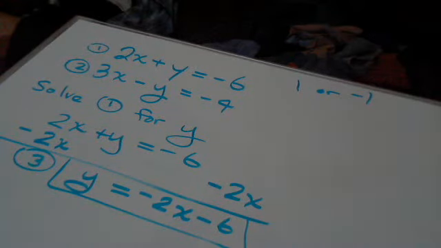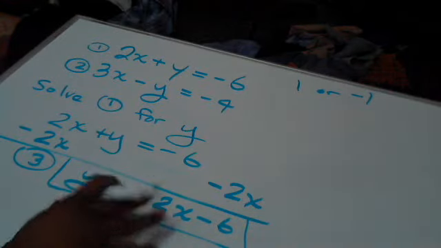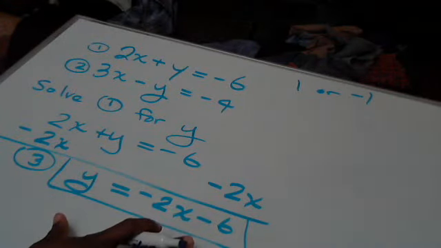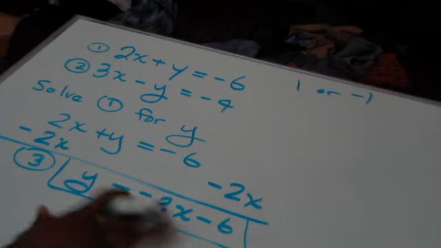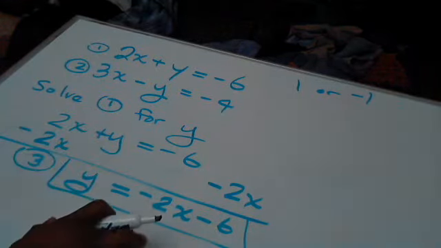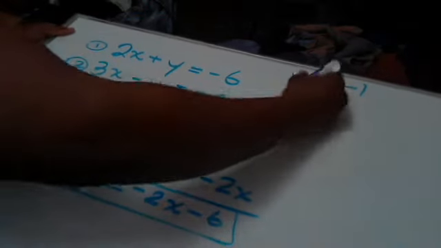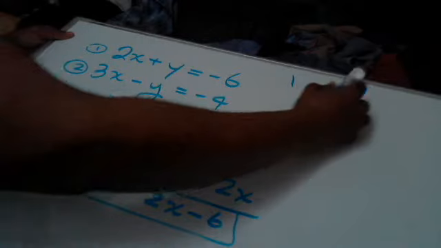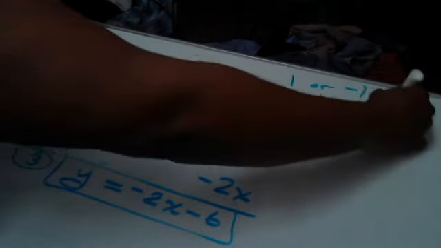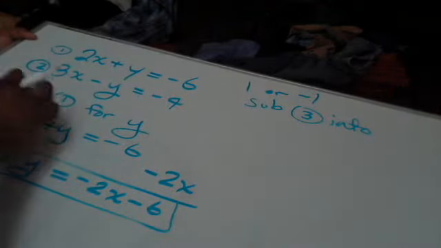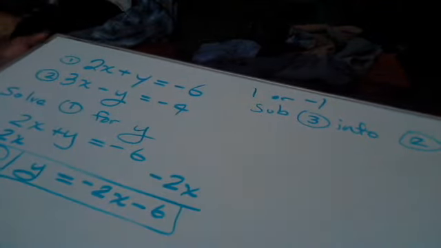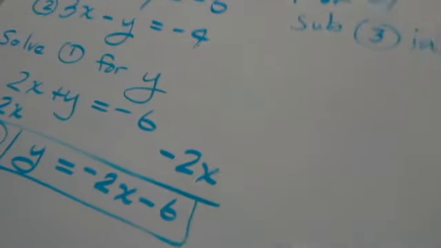Okay? So remember what our goal is. Our goal is to get an ordered pair. This obviously is not an ordered pair, but it's an important result. Since I solved equation 1 for y and got this, call it number 3, what I'm going to do now is back substitute, they call it, or just substitute 3 into the one of the two original equations that I didn't use. So since I used 1, I'm going to have to substitute it into equation 2. So that's what that's going to look like.